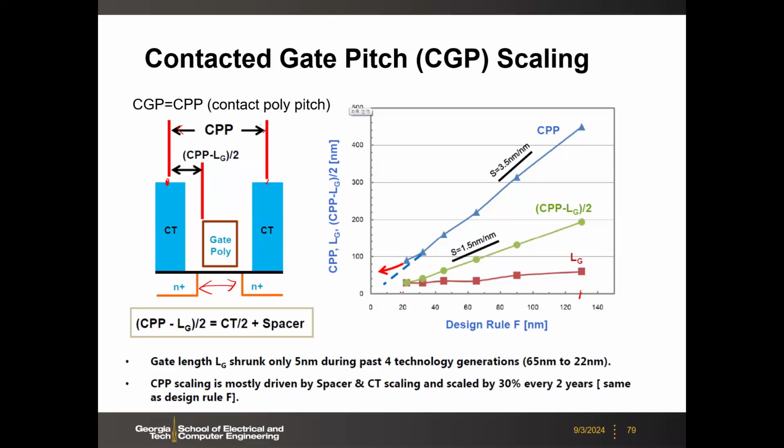From 130 nanometer down to 20 nanometer, you see LG does not really scale too much, but CPP keeps scaling. The contact size is shrinking, and also the spacer, which is the distance between the gate to the contact, is shrinking. Those reductions help with the CPP scaling.